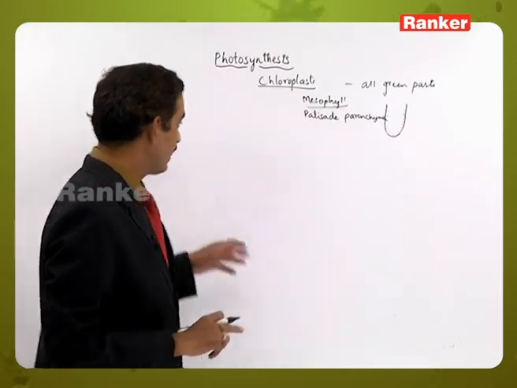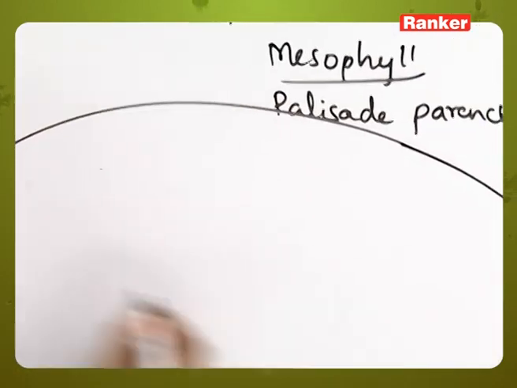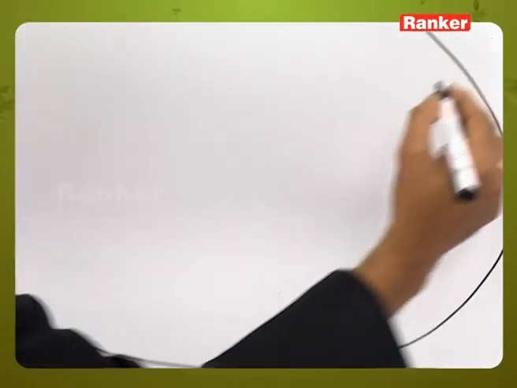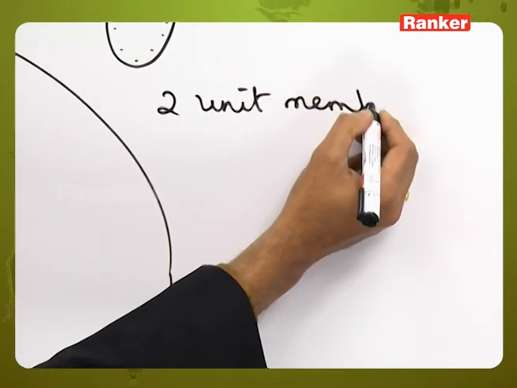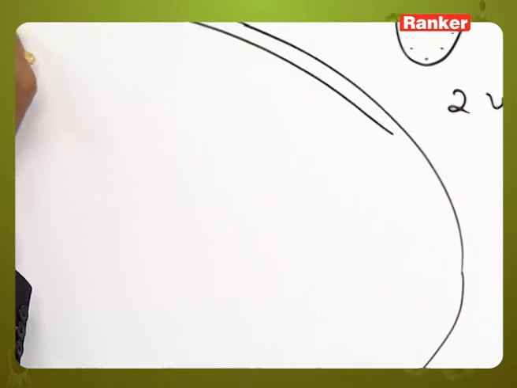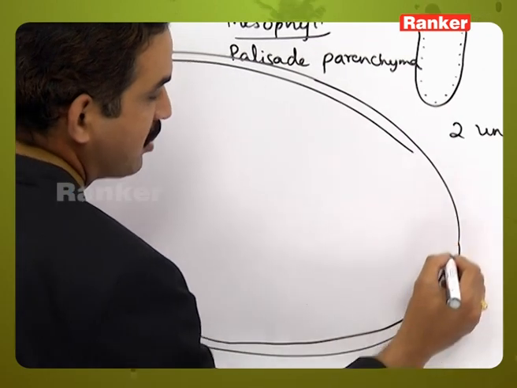Chloroplasts are nearly disc shaped or spherical structures with two unit membranes, the outer unit membrane and the inner unit membrane. So chloroplasts are double membrane structures.